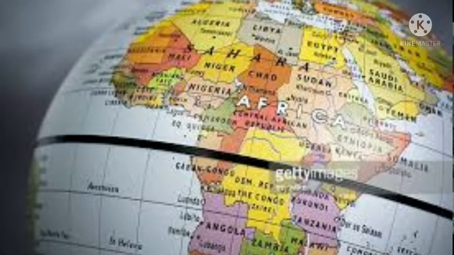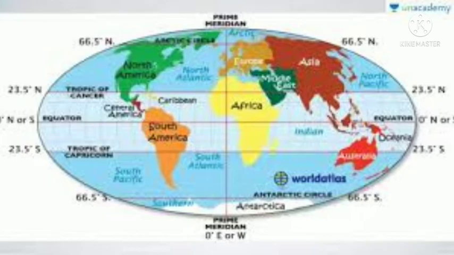Look at the globe or a map to see the grid of lines here and there. The Earth does not actually have lines. These are just imaginary. Imaginary means not real. Imaginary means not real lines.